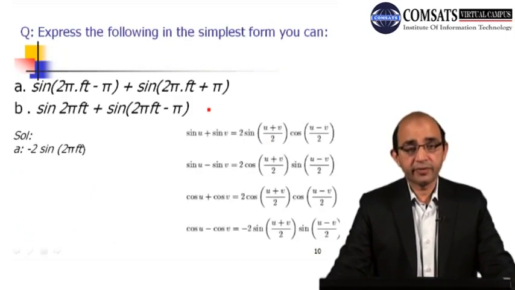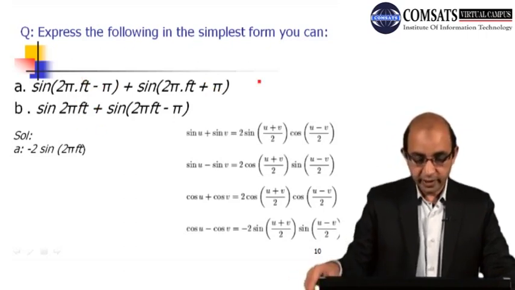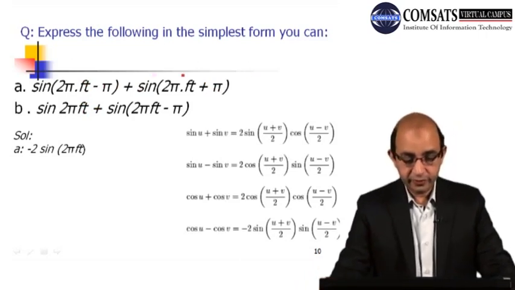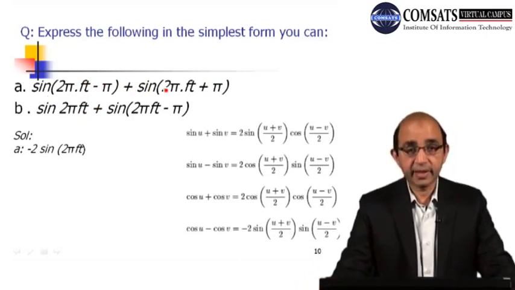so here what we have to do, you can see we have sinusoids, different sines with different frequencies and different phases. So we have to simplify this in order to represent those sinusoids. Here we have two sines that are being added, right?